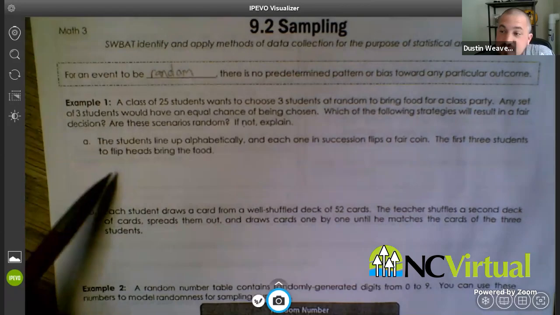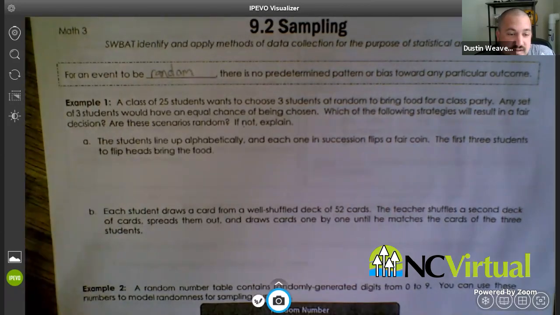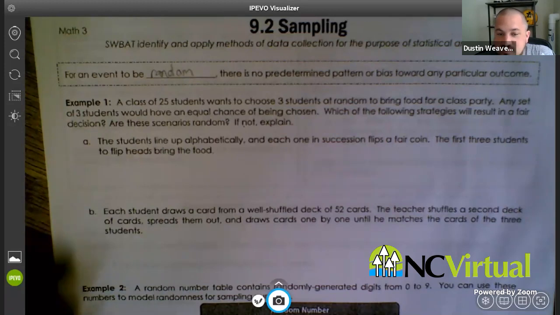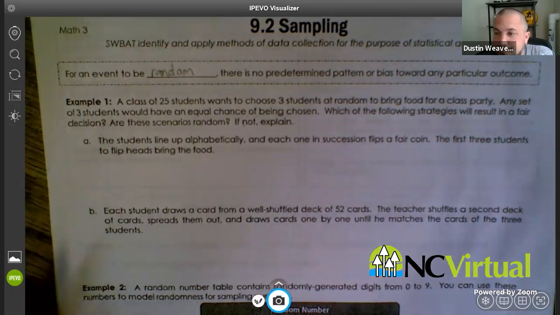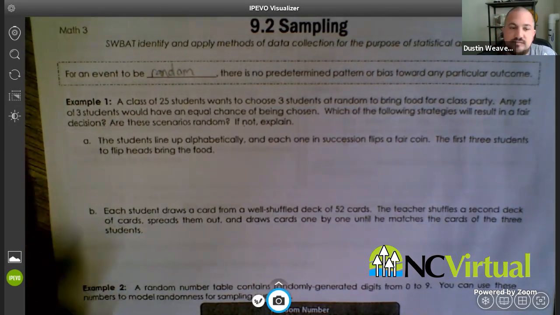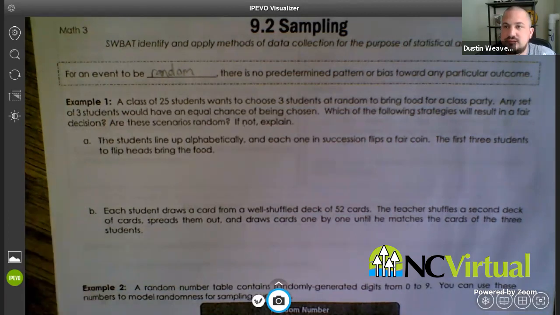So in A, would it be fair if the students line up alphabetically and each one in succession flips a coin? The first 3 students to flip heads get to bring the food. Is that fair, and why? I want somebody to try to answer that for us.